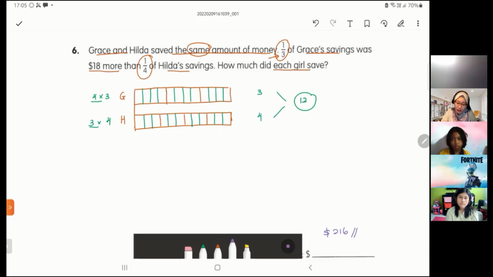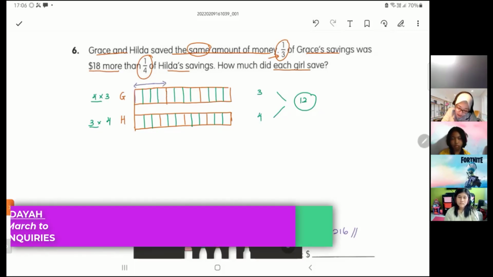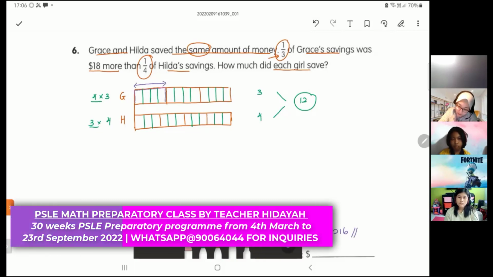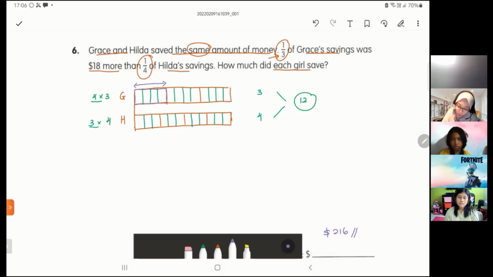They mention here that 1/3 of Grace's savings, 1/3 is this much, this whole thing. Then 1/4 of Hilda's savings is 1 unit, which is this much. Now I can shade this, and Hilda is this. It is $18 more.